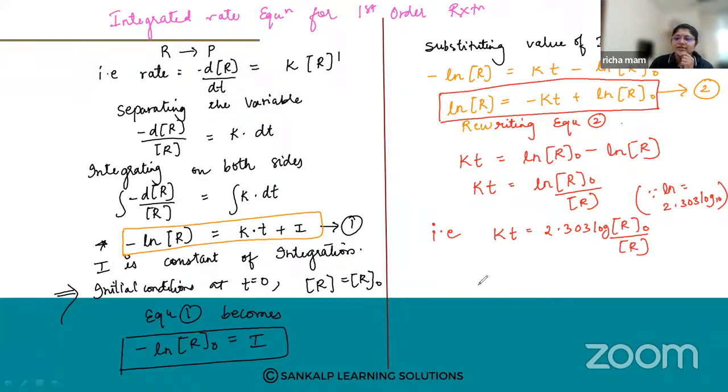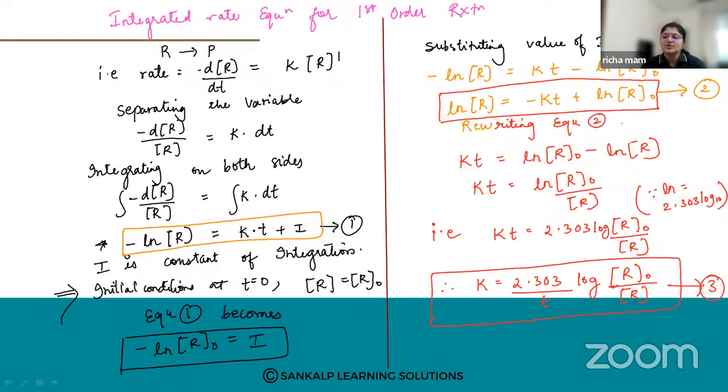Therefore k is equal to 2.303 log of r naught by r, divided by t. So this is our first order equation. Is it clear? This is your first order reaction.